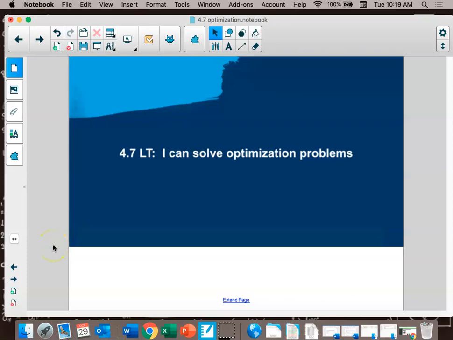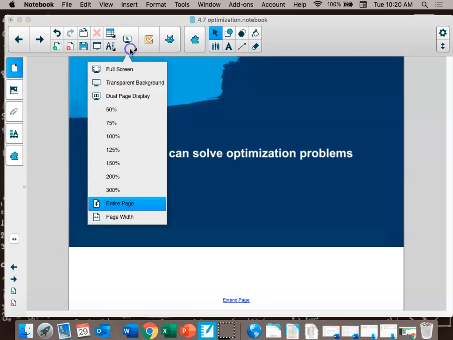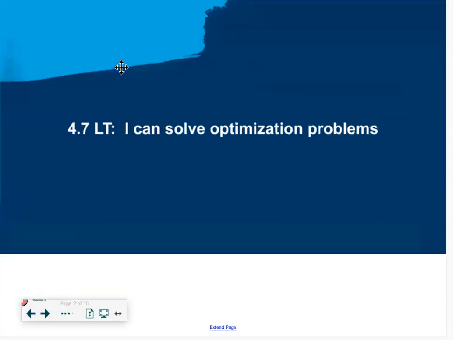All right, so today we're doing section 4.7, which is optimization. It's a big lesson, so we're going to kind of move.